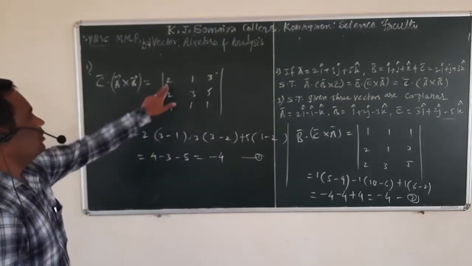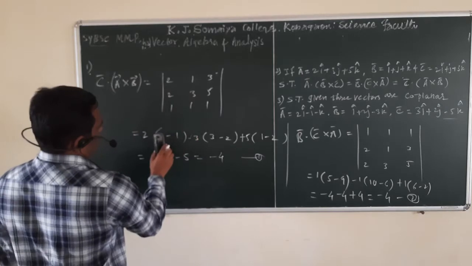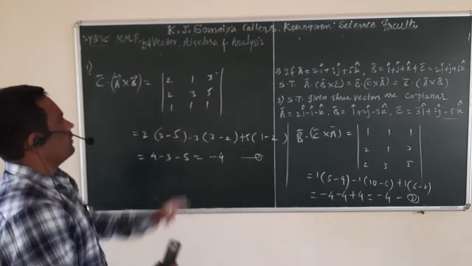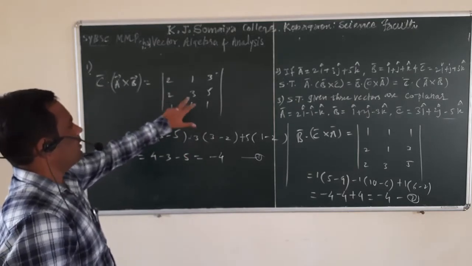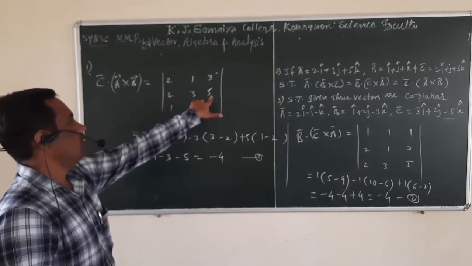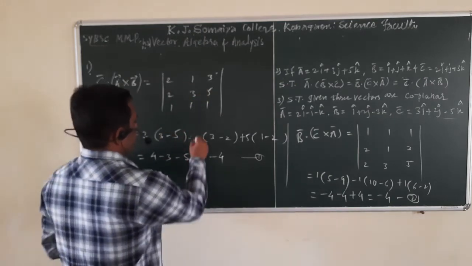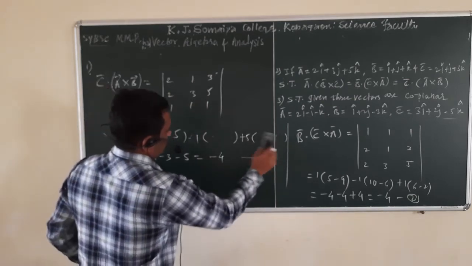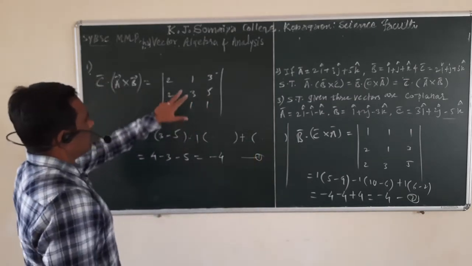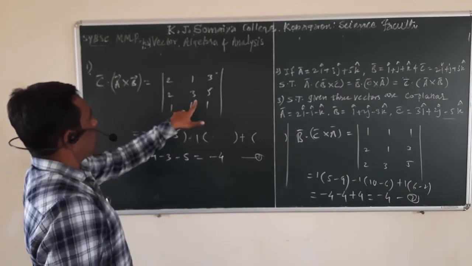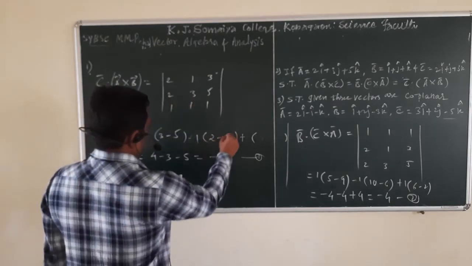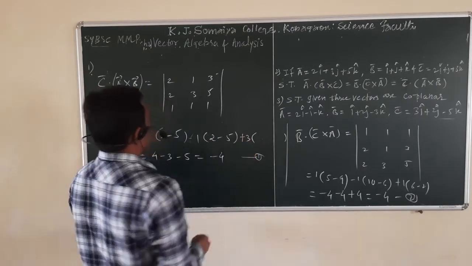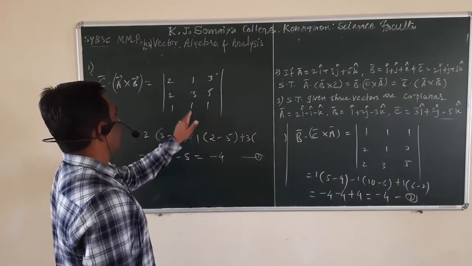Now see, 2 multiply by 3 minus 5, then minus 1 multiply by 2 minus 5, then plus 3 multiply by 2 minus 3.